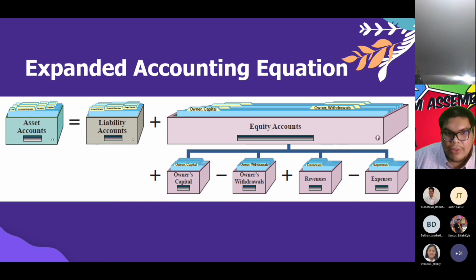So, yun po yung formula natin. Assets equals L plus C minus W or D plus R minus E. I think that's good enough.